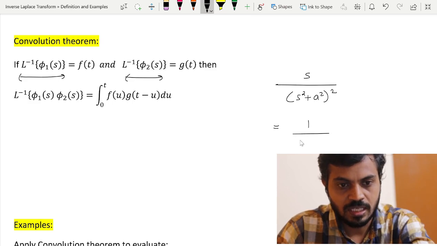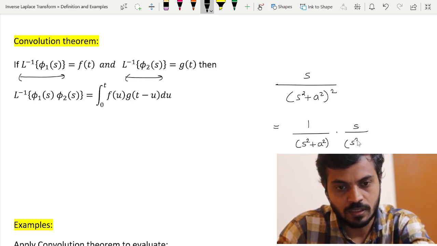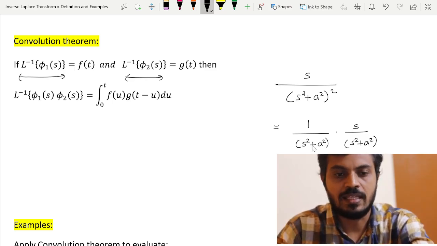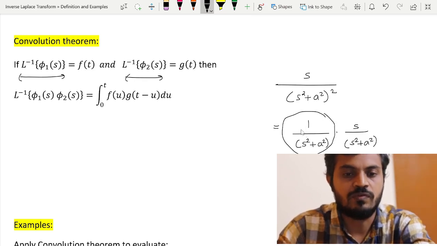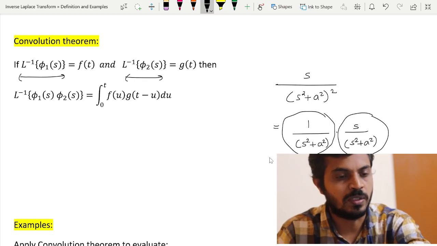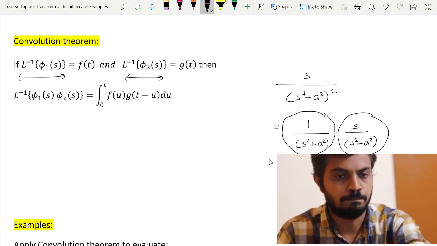For example, it can be written as 1 upon s square plus a square multiplied by s upon s square plus a square. I will call this phi 1 of s, I will call this phi 2 of s, and see that the inverse Laplace transform of this function and this function is already known to me. So in such cases we can think of this convolution theorem.